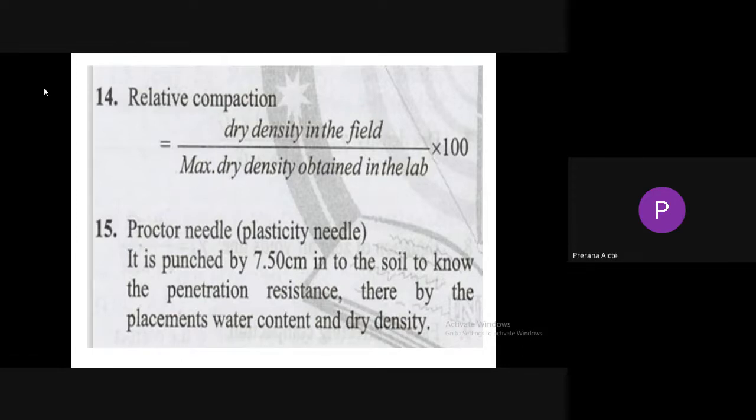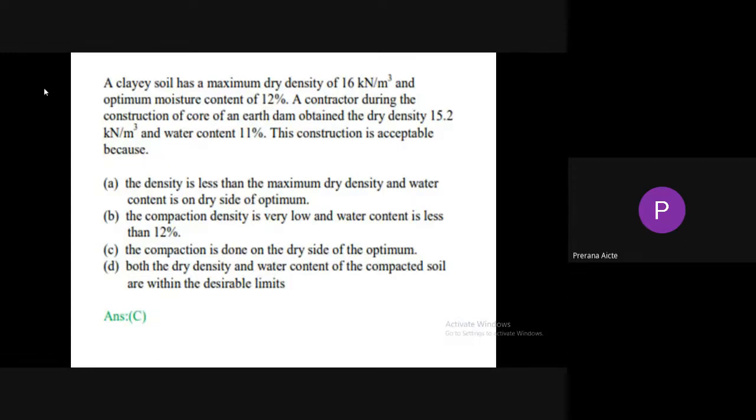So the dry density and water content directly indicate the penetration resistance. By measuring this penetration resistance, we will know the field water content present in the field. So Proctor's needle or plasticity needle is used to know the penetration resistance and the field water content of the soil mass.